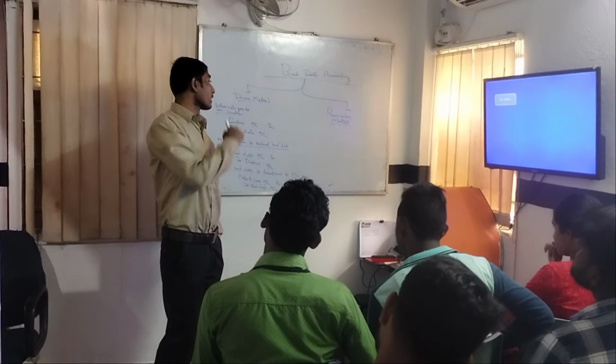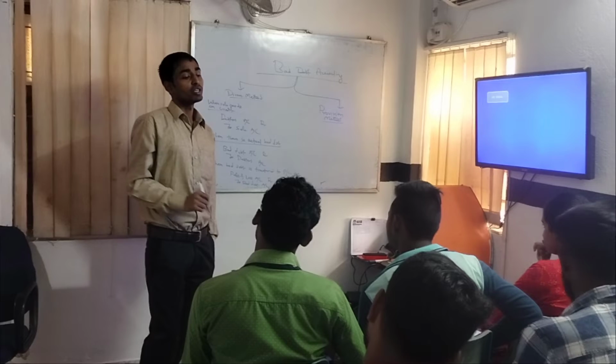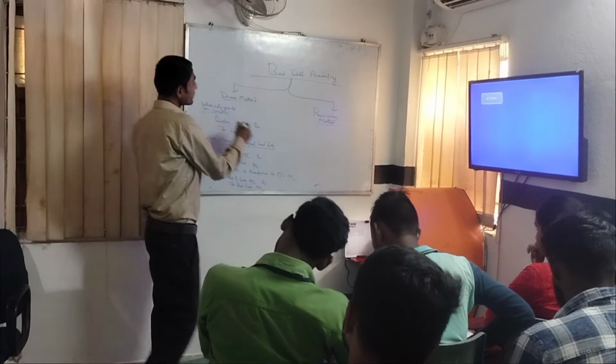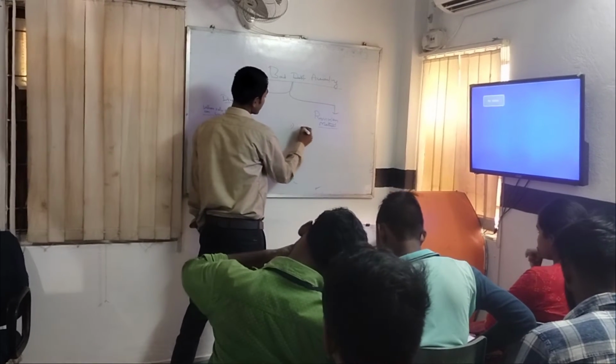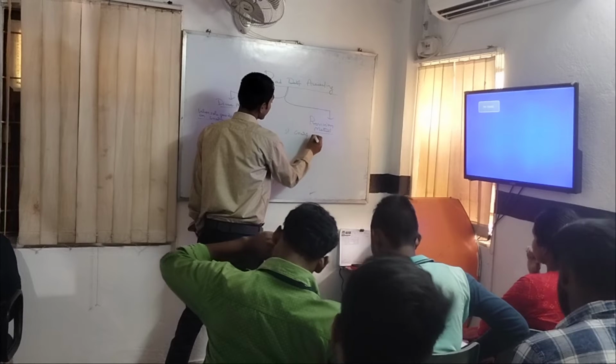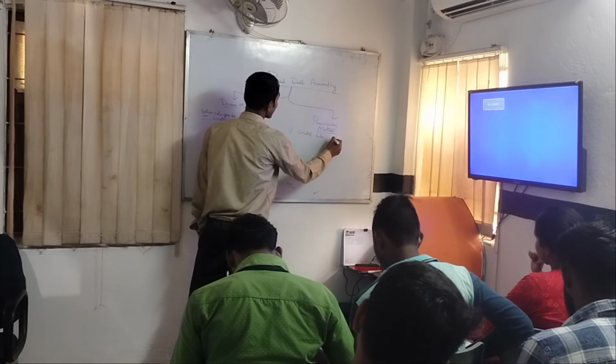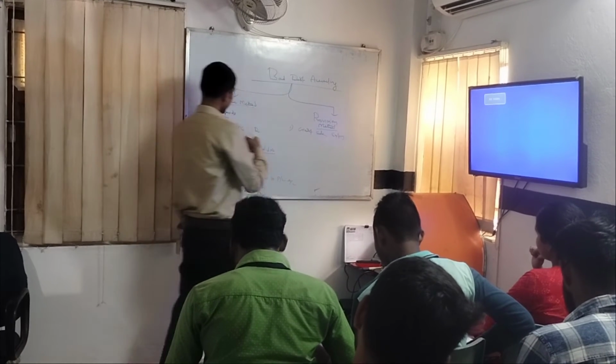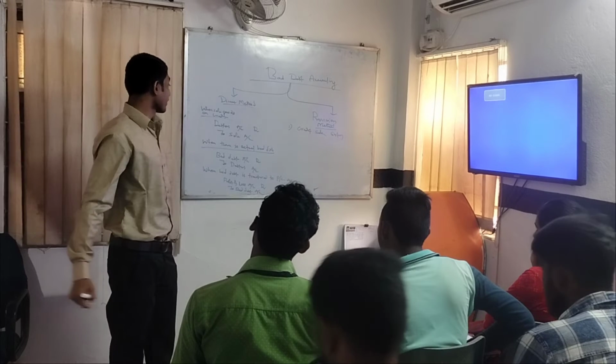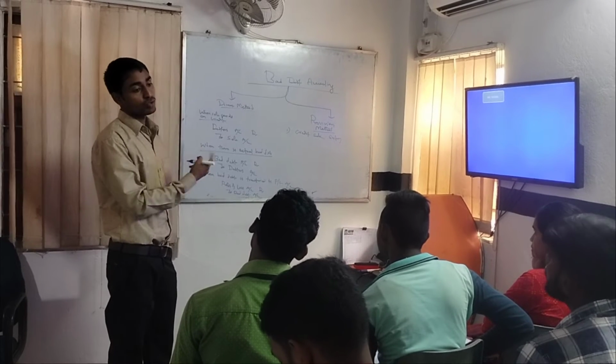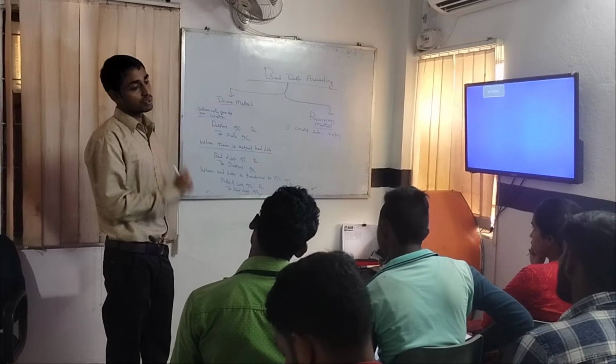Now, in the provision method, you need to pass 4 entries. First is the credit sale entry. This entry that was made, debtors to sales, you need to pass.